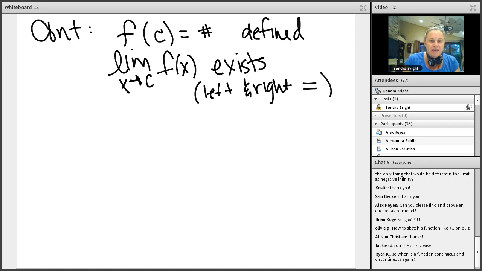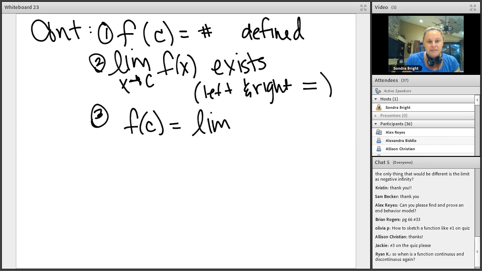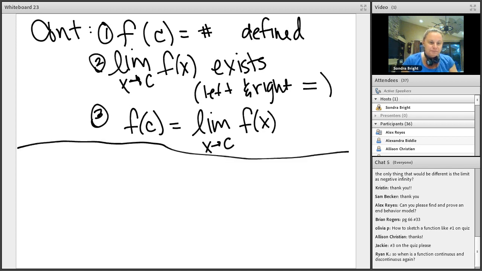So that's part 2. The third part is f of c needs to equal the limit as x approaches c. c is going to be some number; in this last case, it was -1, 0, and then 1 for each of the cases.